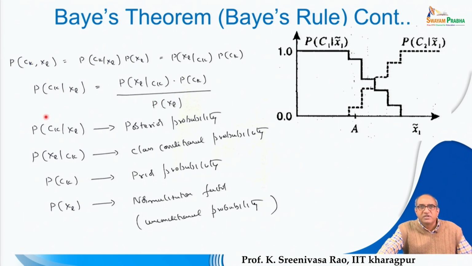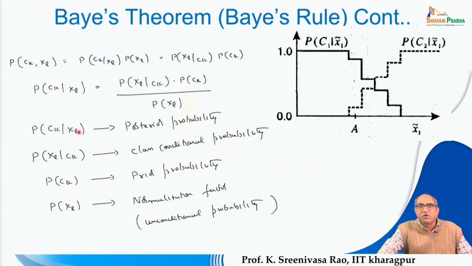As I mentioned, probability of Ck given XL is the posterior probability: the probability of a class by knowing the feature vector. Given a feature vector, estimating the probability of this feature vector being from the specific class is known as the posterior probability.